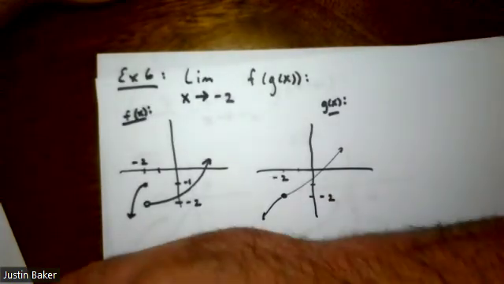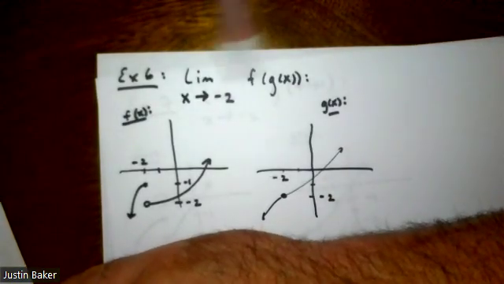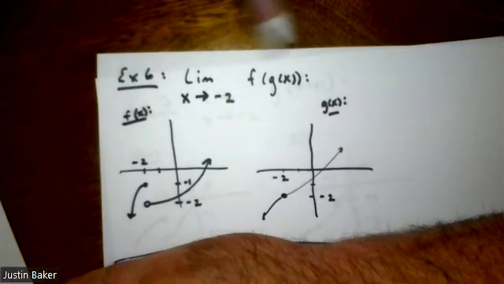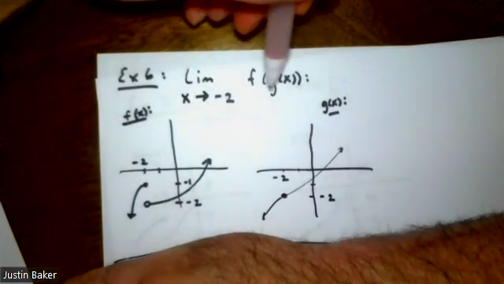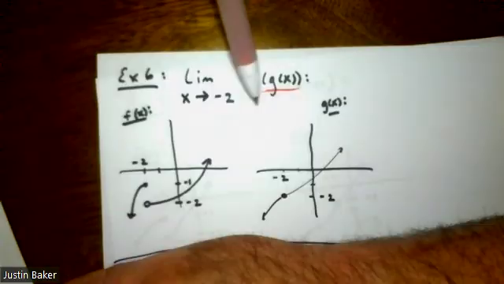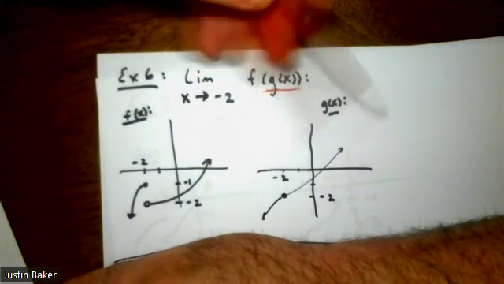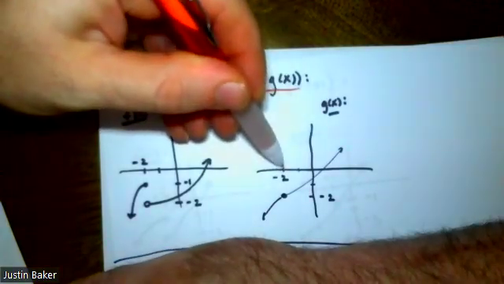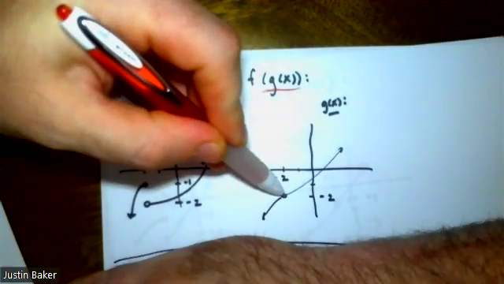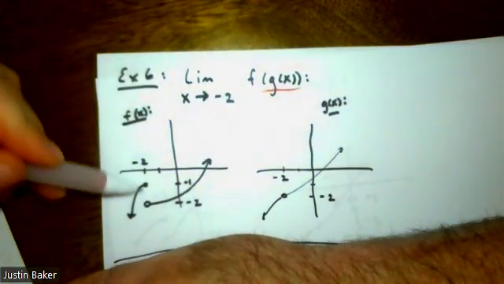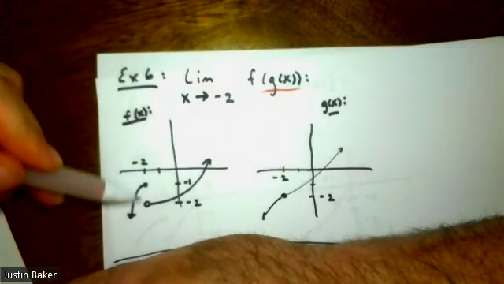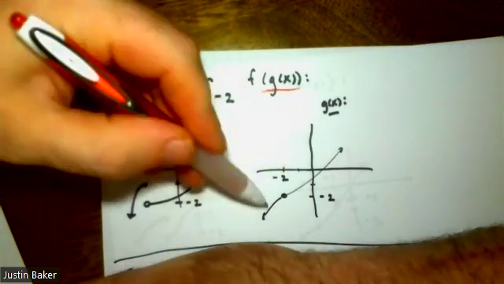All right, let's check out number 6. So we have the limit as x approaches -2 for f of g of x. So when we go to that inner piece, as we approach -2 on g, no problem. The limit as we approach -2 is -2. When we go to the other part, though, it does not meet. It's not continuous. So we go back over to here.